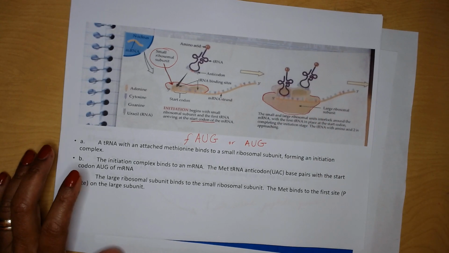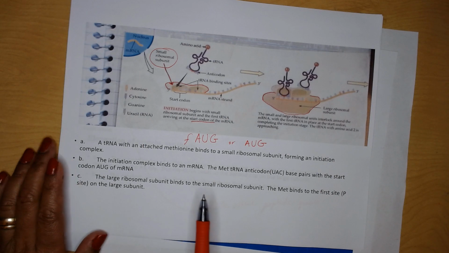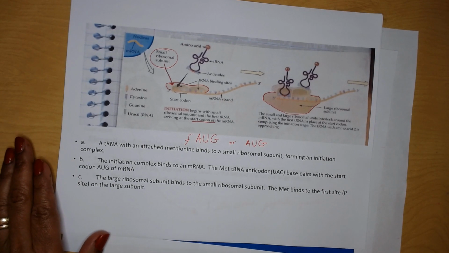So what we're saying first is bring one tRNA. First amino acid to be brought is methionine with AUG, is the start codon, but not all proteins will start with methionine.